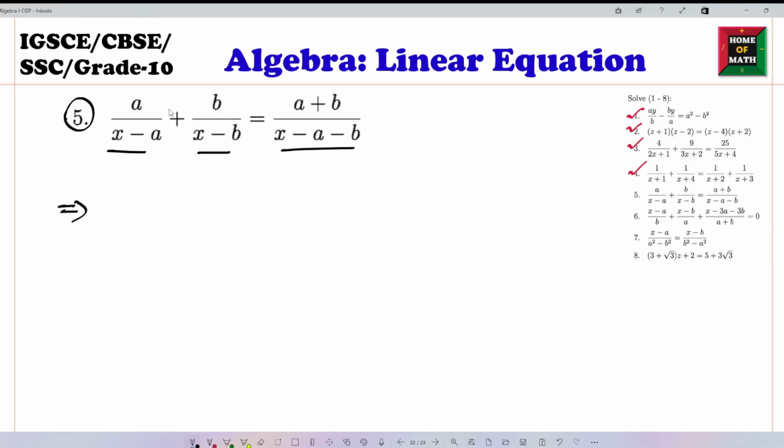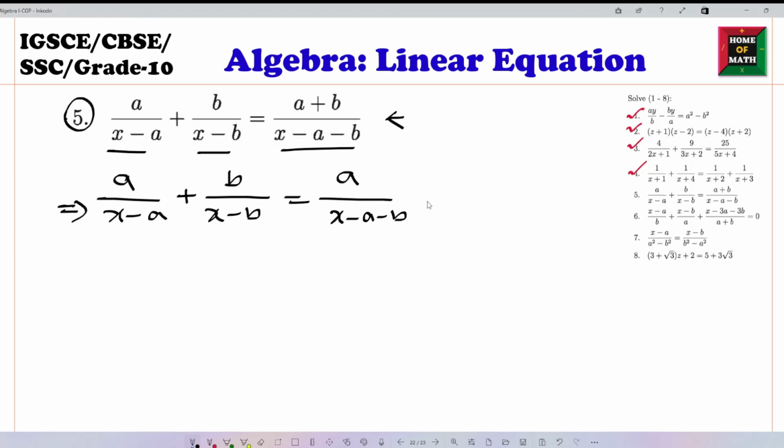So first, a divided by x minus a plus b divided by x minus b equals to this fraction, which we can make like a divided by x minus a minus b plus b divided by x minus a minus b. Now we will transfer terms between the left and right side.